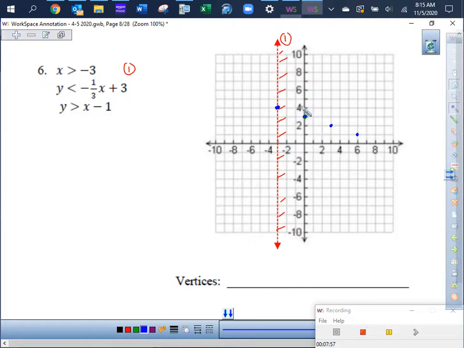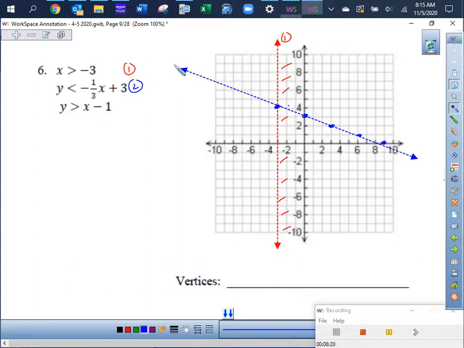I went up 1 and to the left 3, and did I get a blue dot on top of that red line? That's kind of what the vertices are about, where these lines intersect each other. That's not really the truth, but we'll clean that up in a little bit. But it's nice to know if that happens at a nice, neat grid point. And well, that's a dashed line, right? And you might want to call it line 2 and put a number 2 by it.